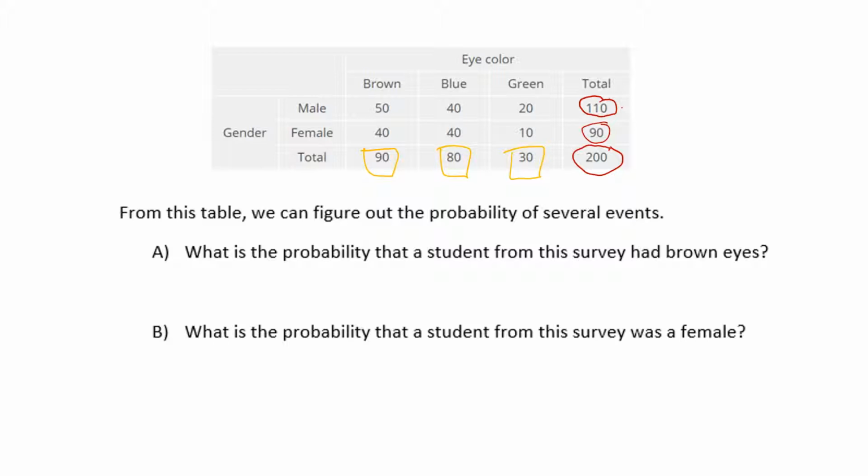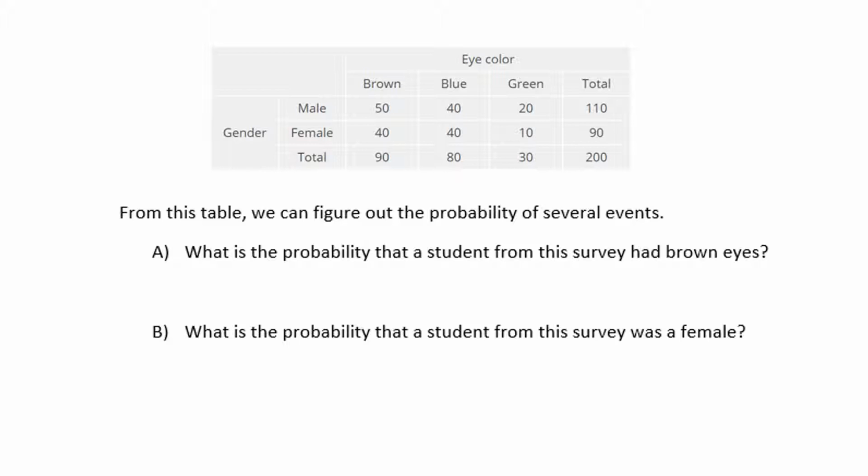And then out of those 200, 50 were males with brown eyes, 10 were females with green eyes. So that's how you read the data in that particular table.